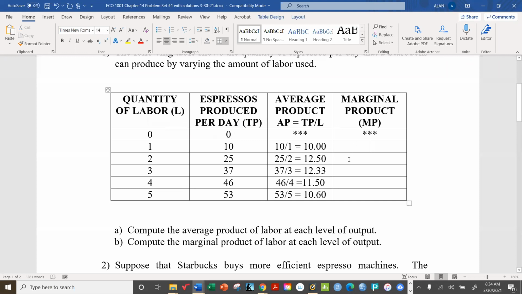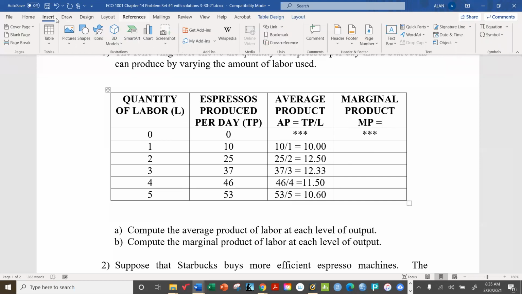The marginal product one is the tricky one because what you've actually got is not TP over L, but you're looking at the changes in those 2 quantities. So I need the change in total product over the change in labor used.